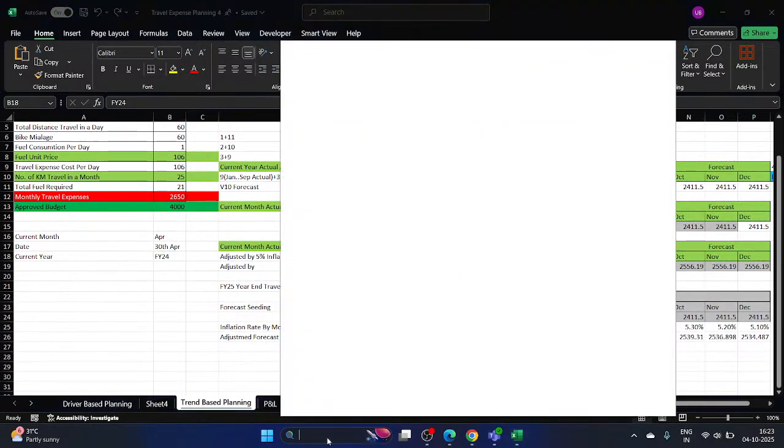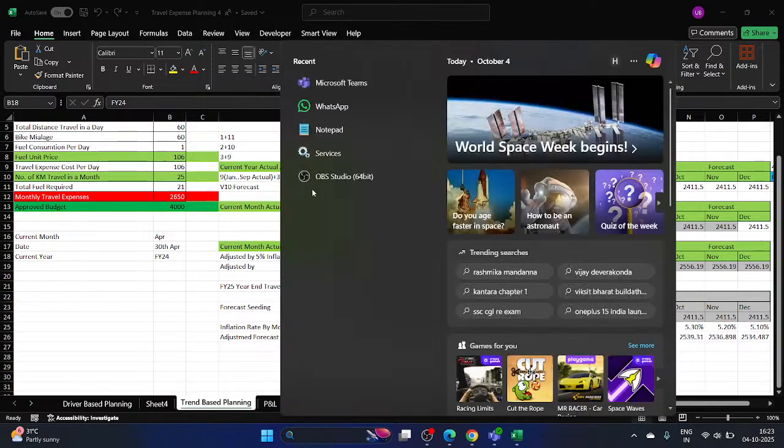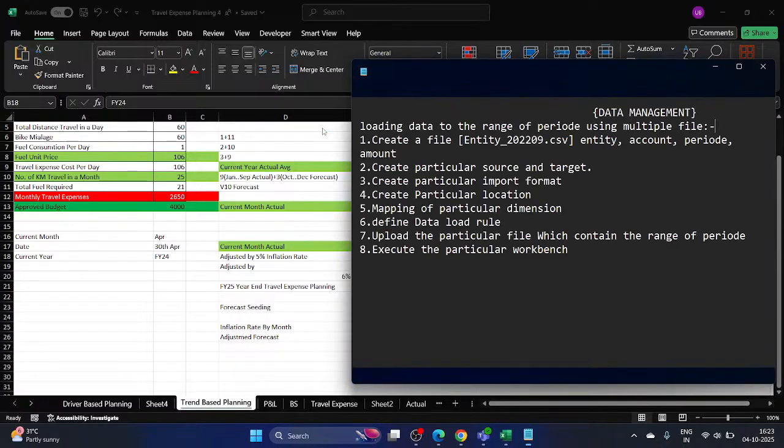I will open the notepad here so that we can write what we have done.